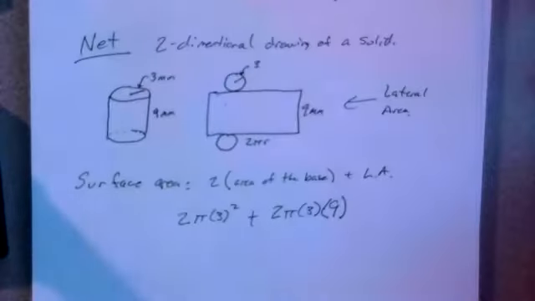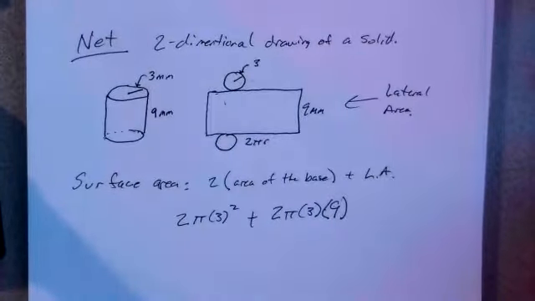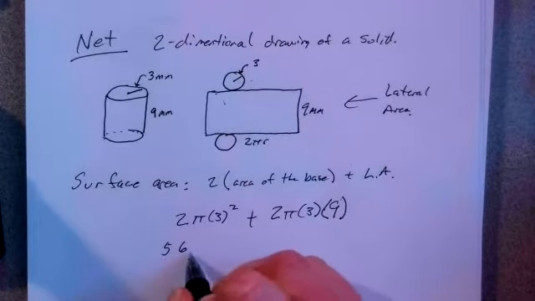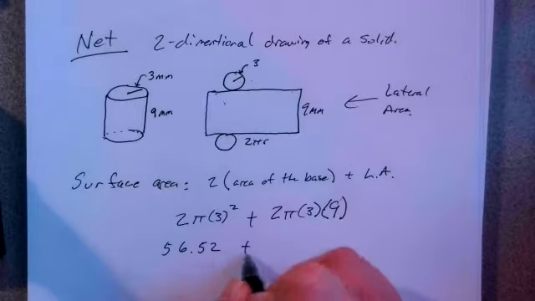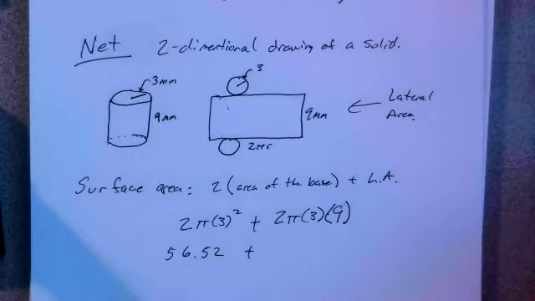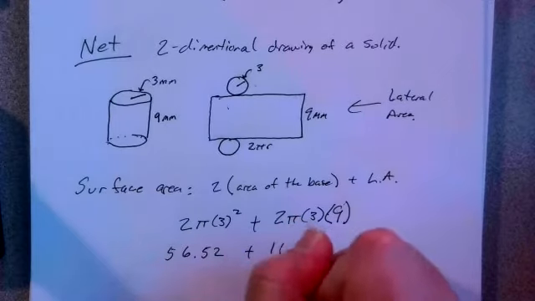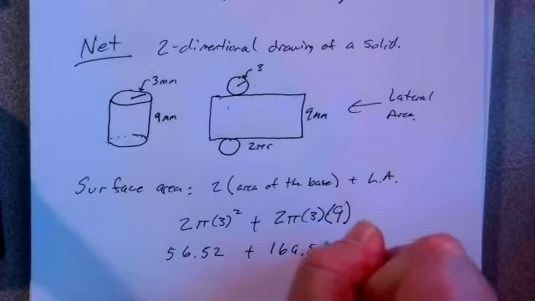I can plug all this into the calculator. Let's round it to the nearest 3 decimal places. So 2 times 3.14 times 3 squared is 56.52, plus 2 times 3.14 times 3 times my height of 9 gives me 169.56.